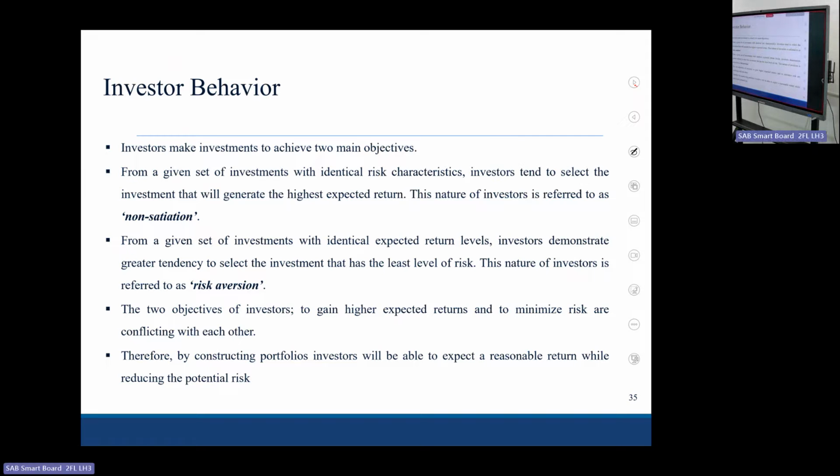You want to minimize risk. That is our nature. As human beings, we have one balance: return maximize, risk minimize. These are two objectives in investment. But the problem is these two objectives are conflicting.